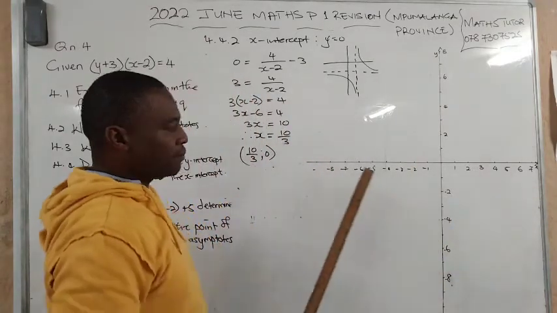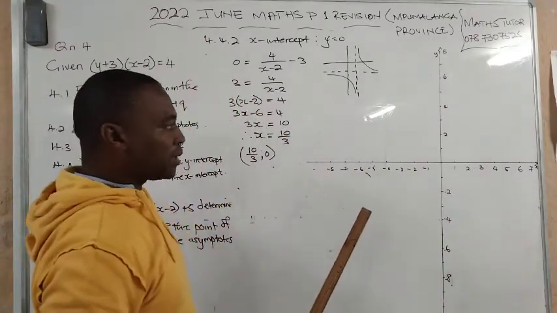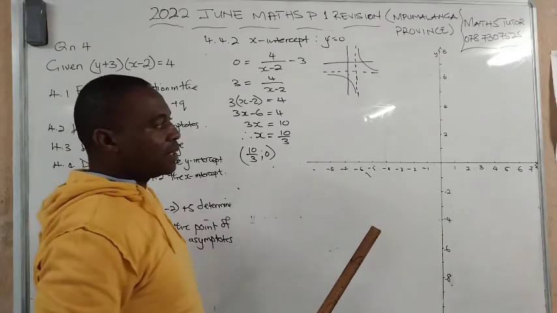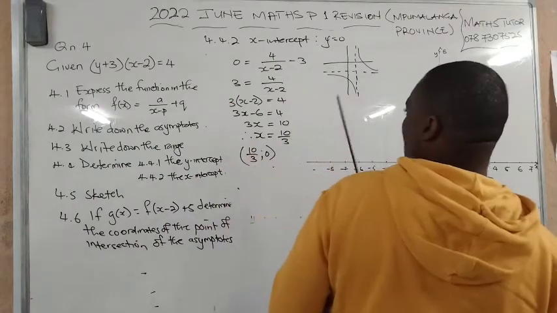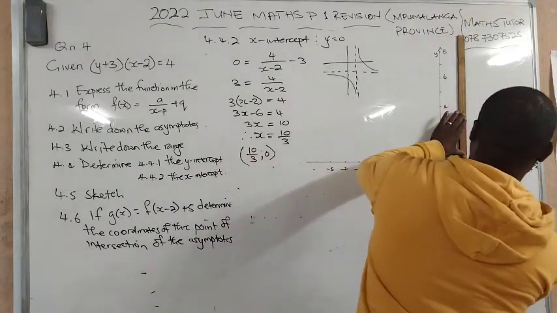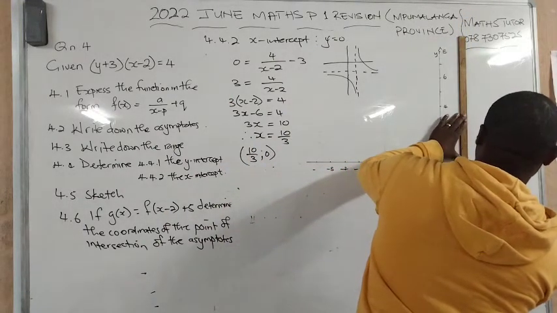So we have a scale of some sort so that your sketch will be a bit more accurate. So x is equal to 2, that's the vertical asymptote.